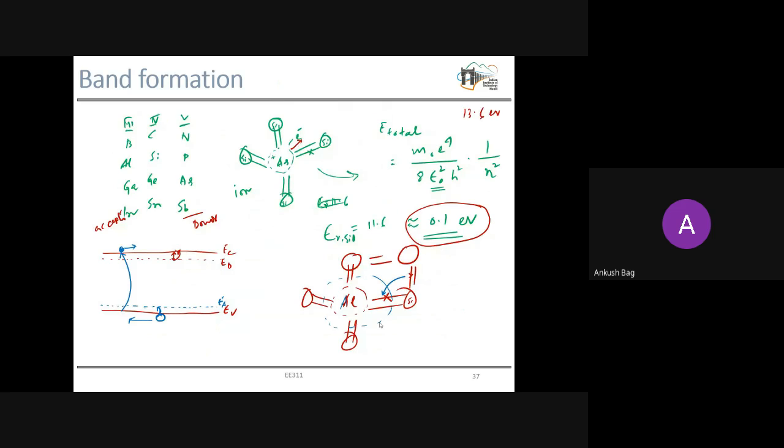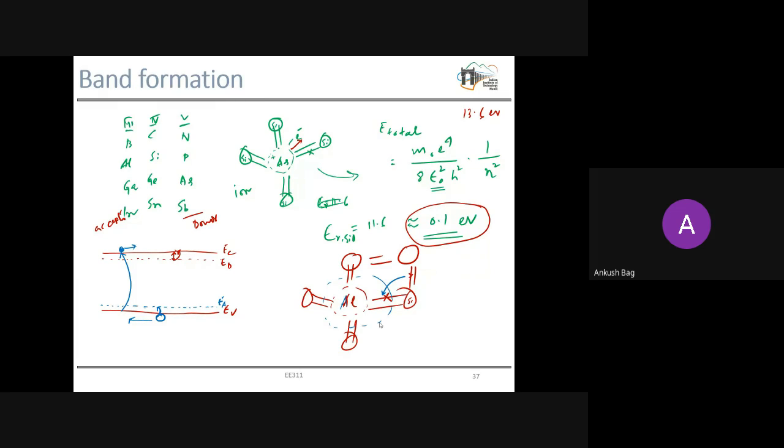Then we discussed how we can get the carriers, the electrons and the holes, and we also saw that with doping we can control the electron to hole concentration ratio, because with temperature we get an equal number of electrons and holes. Whenever we break any covalent bond, we give one electron and hole together.